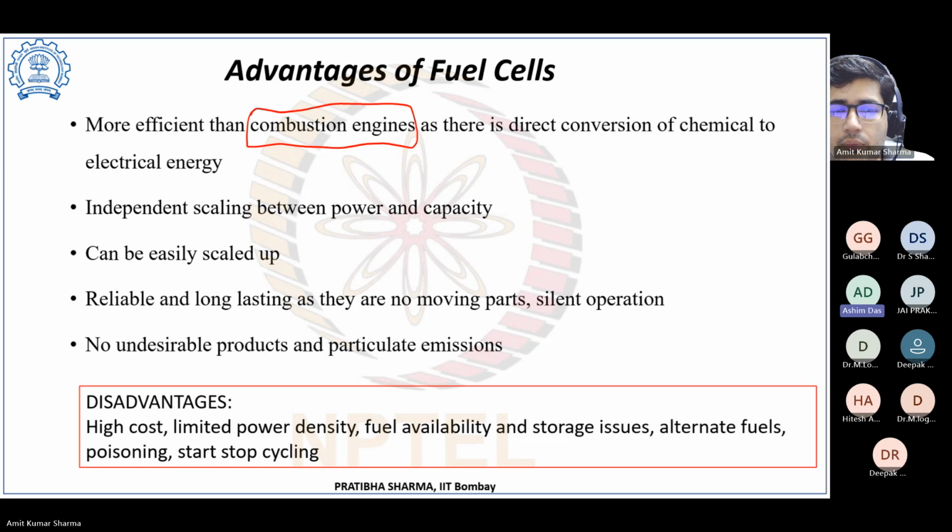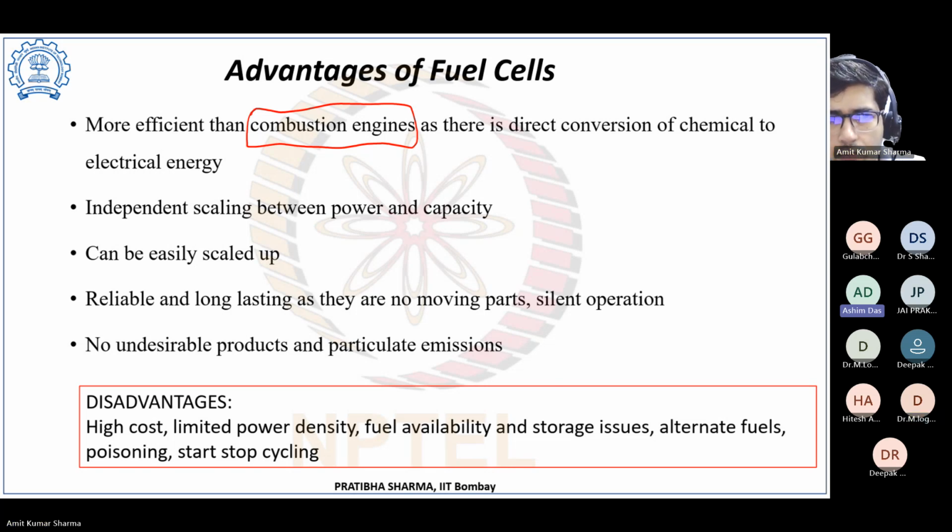But one thing is that the fuel cell generates heat, and that heat will be waste. Though it is not directly carbon dioxide, there will be heat generation, and in some cases NOx also.